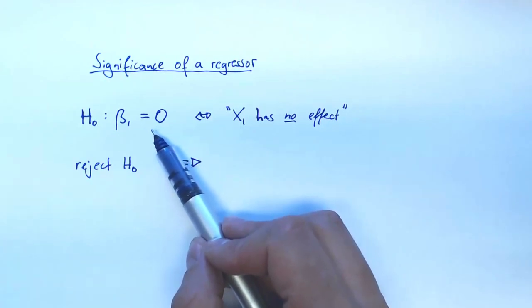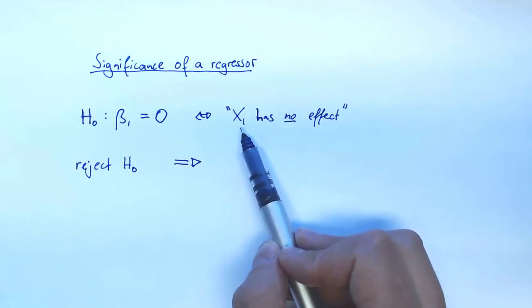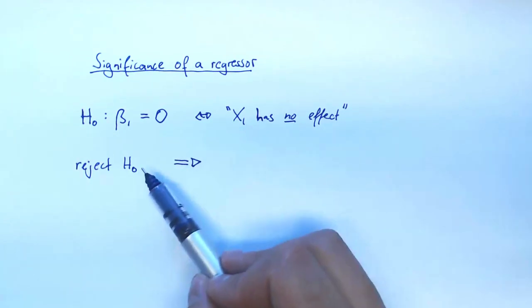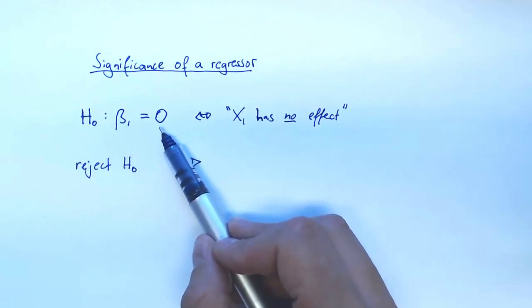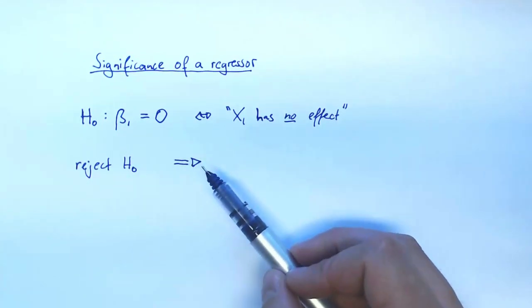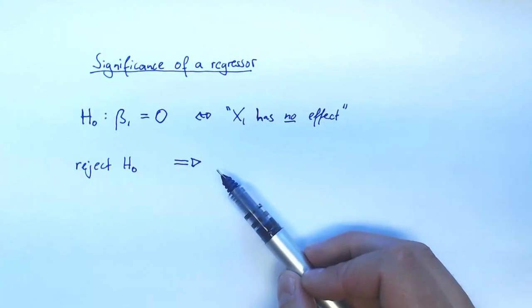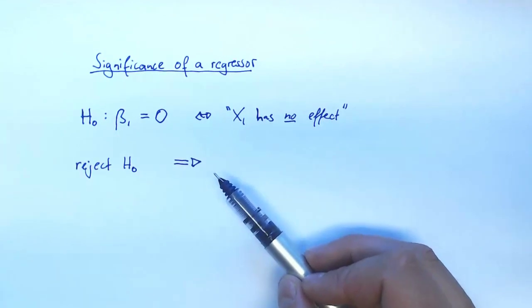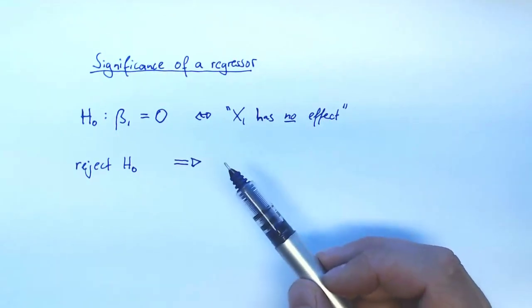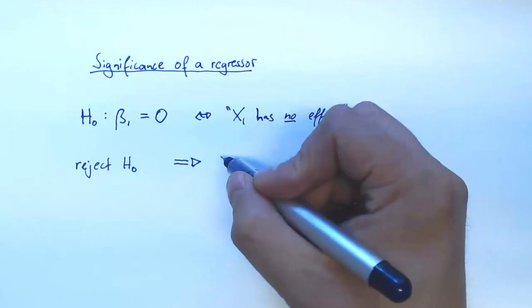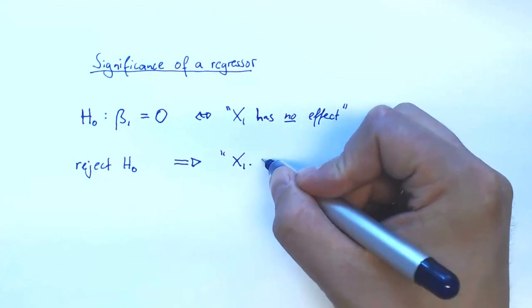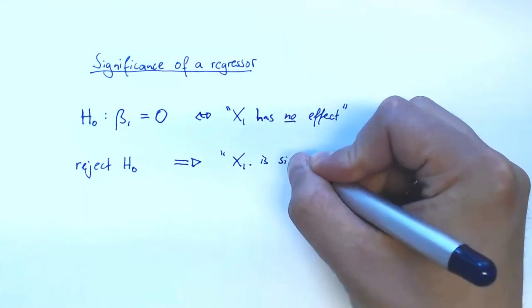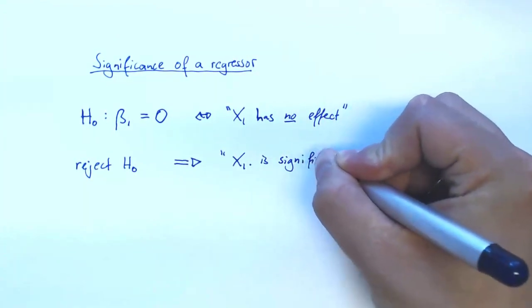So for example, in our study time example, if x1 is study time, and we reject the null hypothesis that beta 1 is equal to 0, then we have shown that how much you study will have an impact on your exam score. In this case, we say x1 is significant.